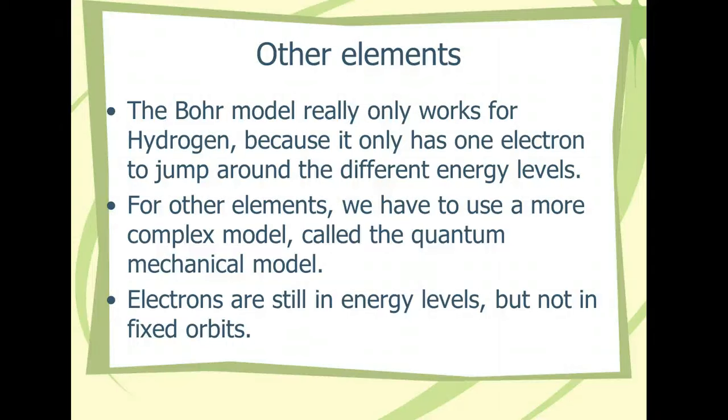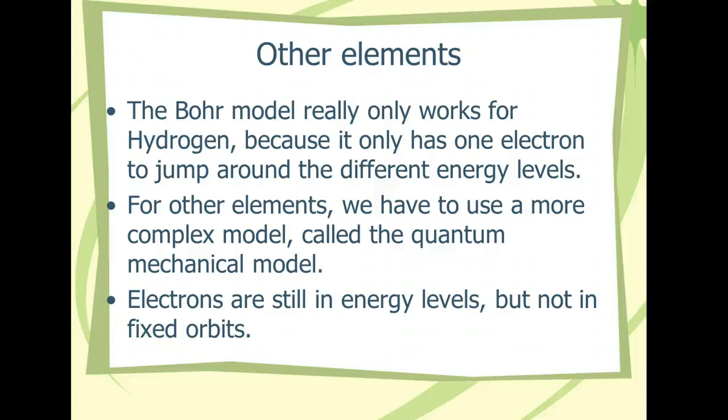The Bohr model really only works for hydrogen, because hydrogen just has one electron. That's all it's got to jump around to the different energy levels. So it's very easy to follow that one electron as it gets excited and as it moves back to the ground state, because there's just one. For other elements, we really have to use a more complex model.